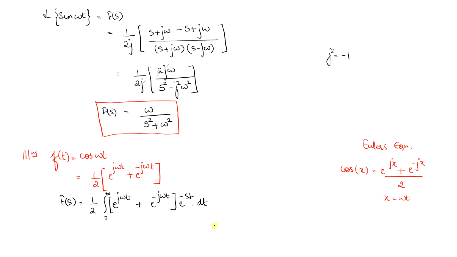So you will write this as 1 by 2 into 1 divided by s minus j omega plus 1 divided by s plus j omega.